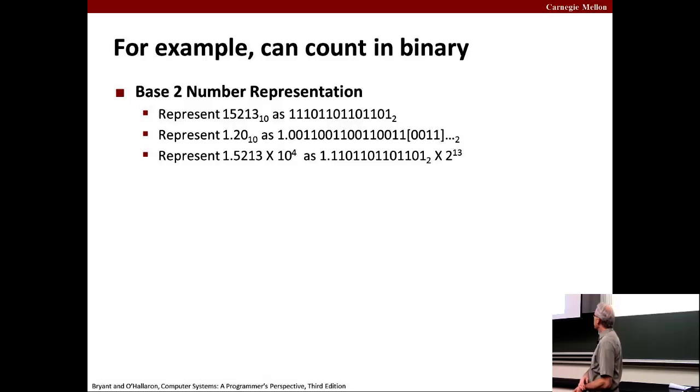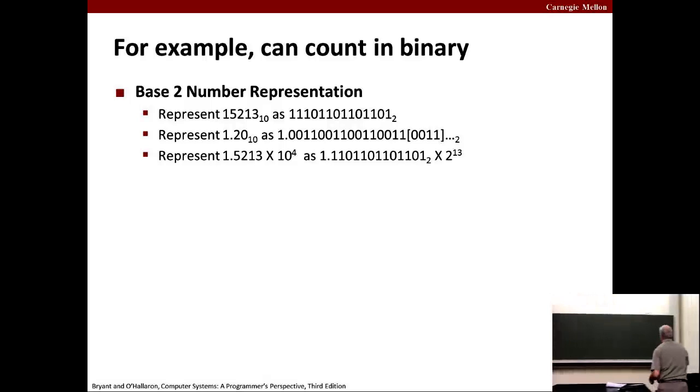We can also represent values that are fractional, and we'll talk about that a week from today when we do floating point numbers. What you do is to the right of the binary point, so this is no longer a decimal point, it's a binary point. Something to the left of that would have weight 2 to the 0, and the next one over would have weight 2 to the 1.